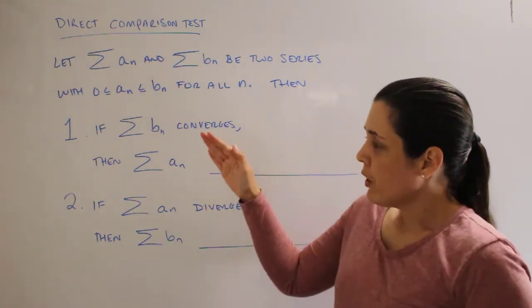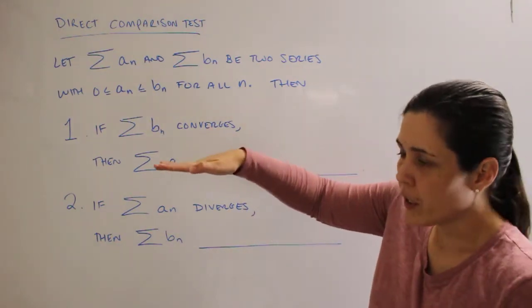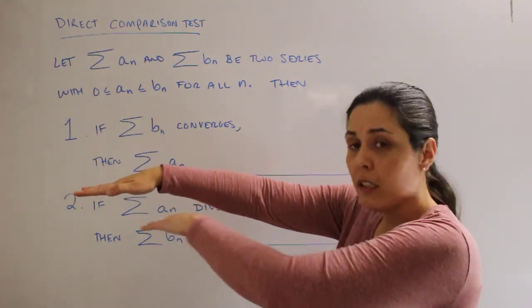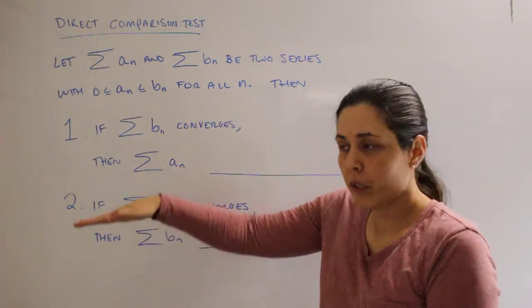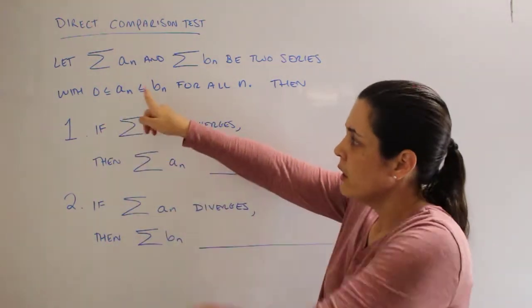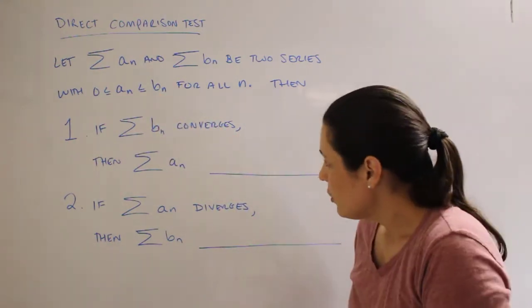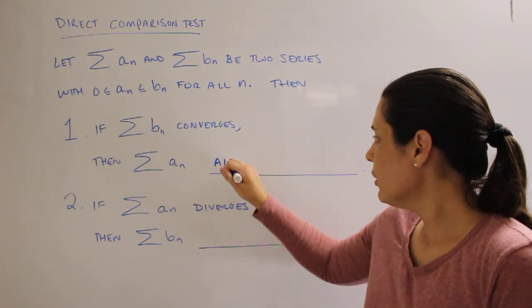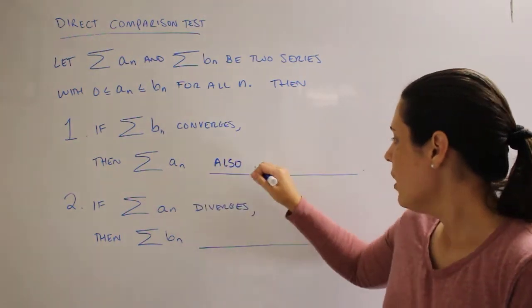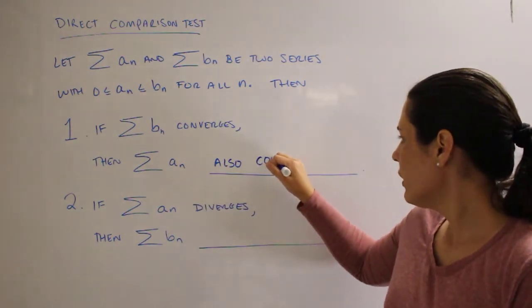So if the larger function is converging, then the one that's smaller, like lower, if you could visualize it, must also converge. It can't go any higher than the one that's bigger than it. So if the series b sub n converges, then the smaller series a sub n must also converge.